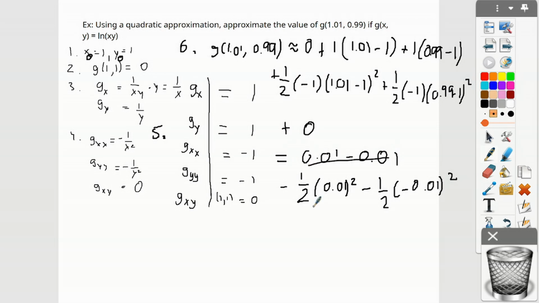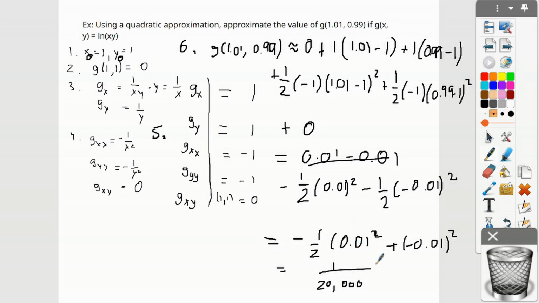So this cancels out. Now we get negative 1/2 times 0.01 squared plus 1/2 negative 0.01 squared, which ends up being exactly 1 in 20,000.